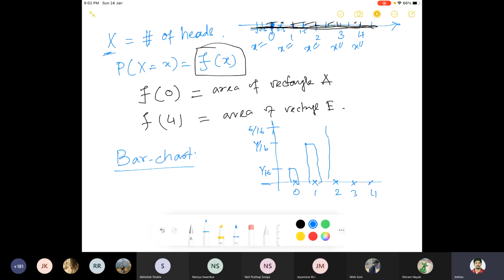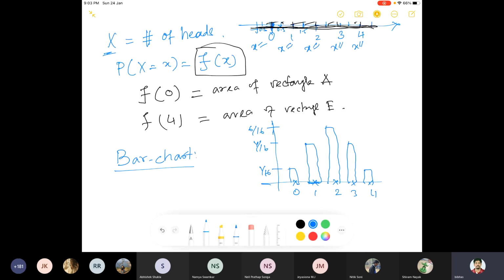Here we are not restricting the interval spread around x to be of length 1. So this is called a bar chart. Sometimes this also gives us some idea. It is a very small example, but if you have thousands of possible outcomes and you plot a histogram and then squeeze the picture, you will see a continuous kind of curve.